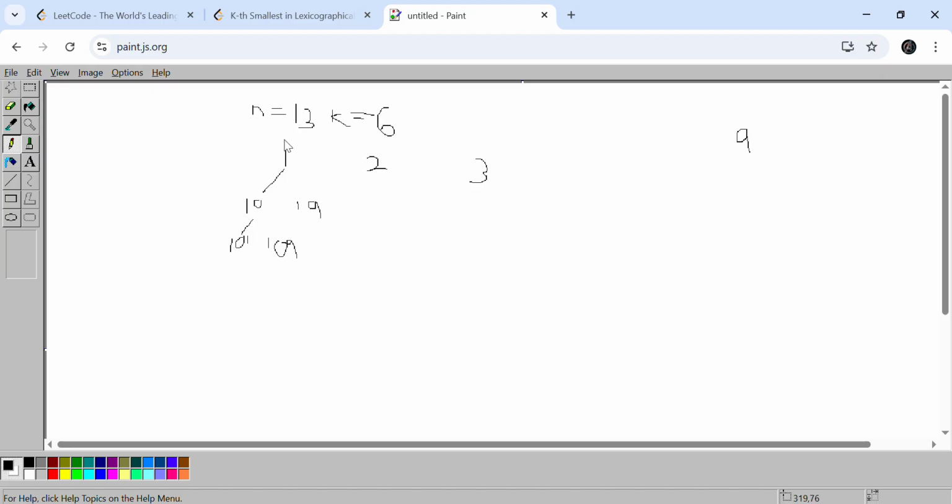So we check first for 1, and we check whether k is present in this subtree only or not. So k is 6, but for 1 we have only 5 numbers, that is 1, 10, 11, 12, 13, so the next number should be 2.